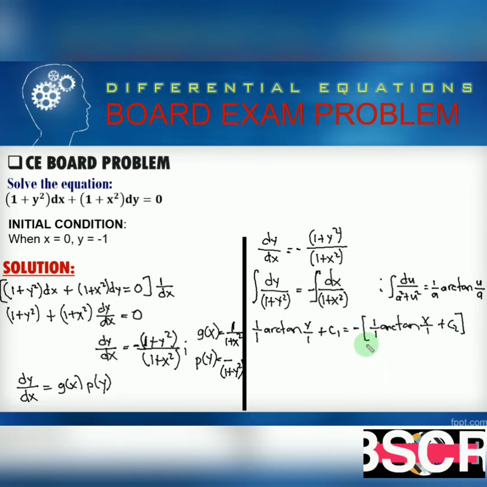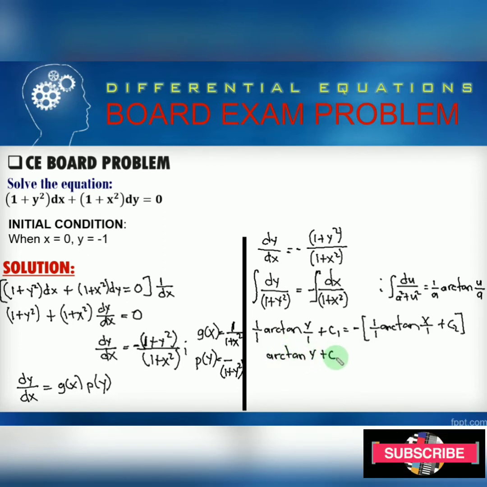Okay, so we can say that this is just equivalent to arctangent of y plus c1 equal now to the negative of arctangent of your variable x plus your c2.